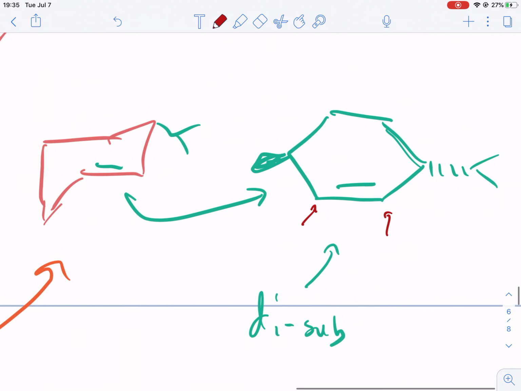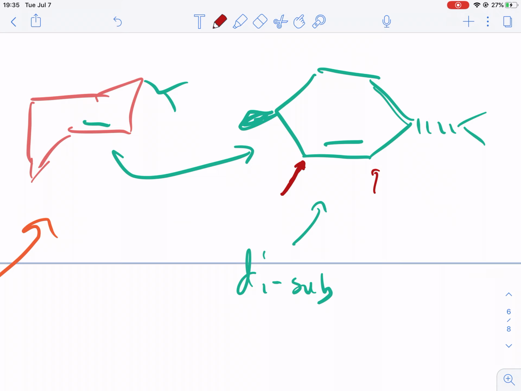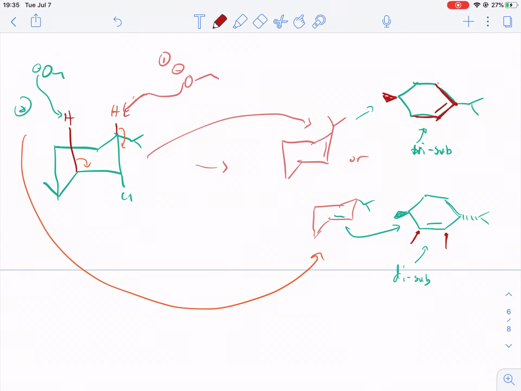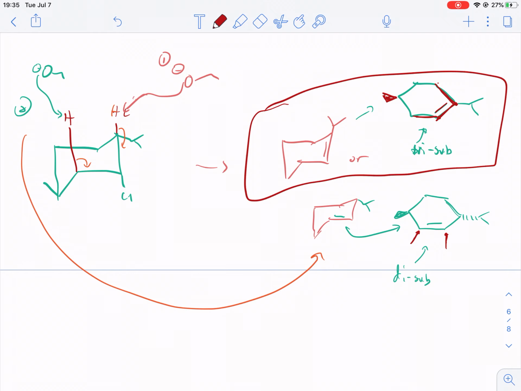Or di-substituted, right? This double bond has only 2. That's how we denote double bonds. Now, the question is, which one of these will be the major product? Well, the major product is actually going to be this one because of our base, right?